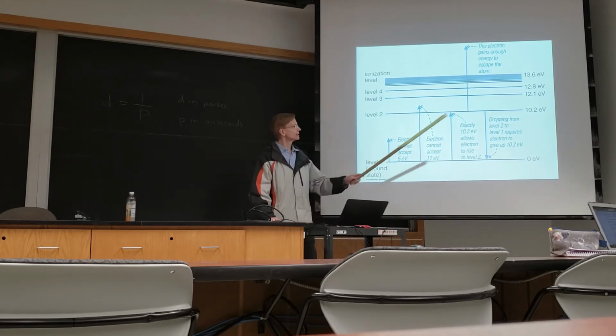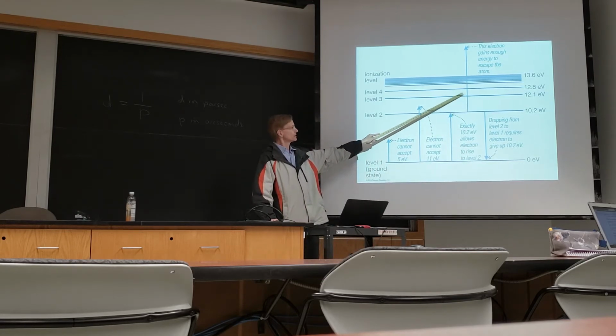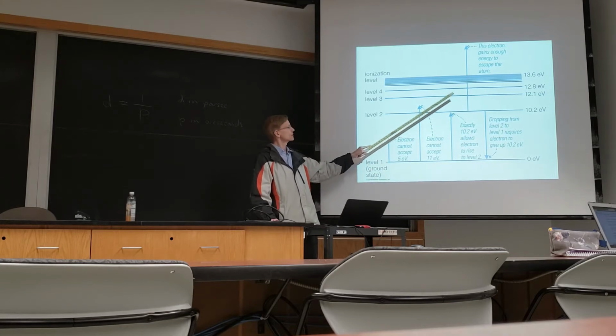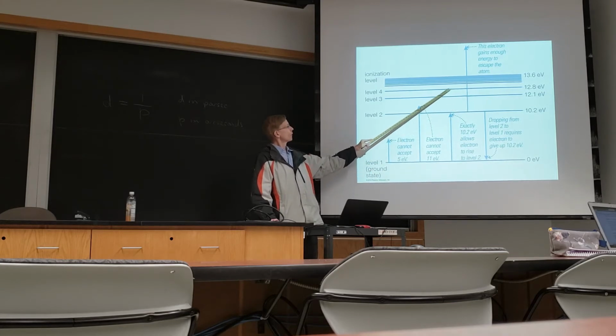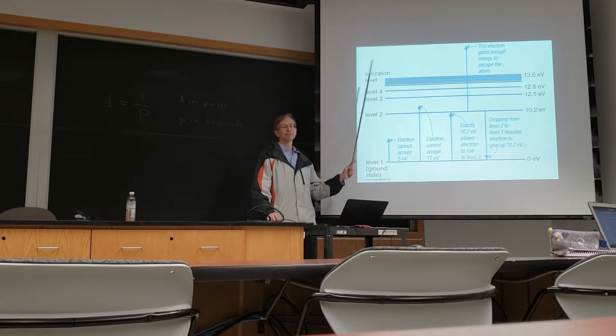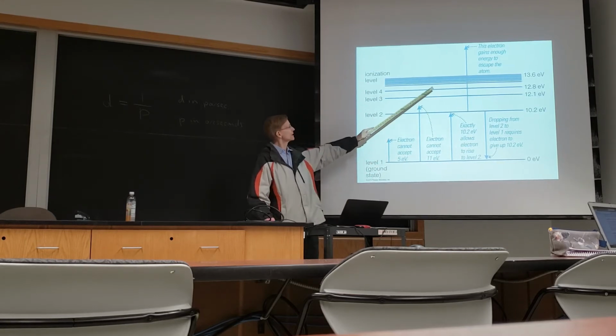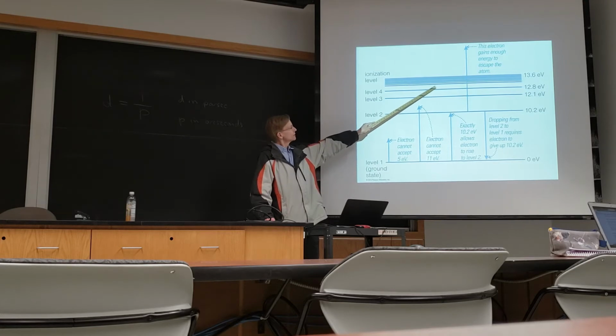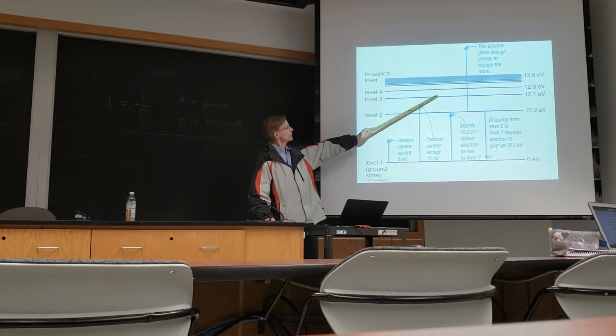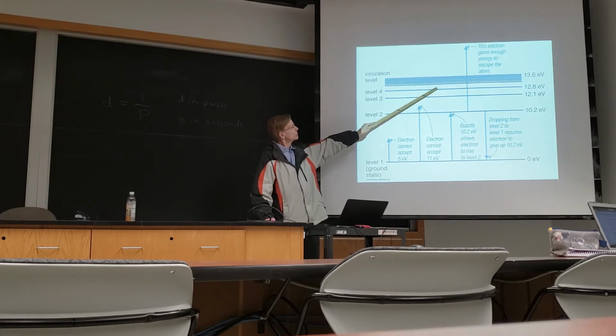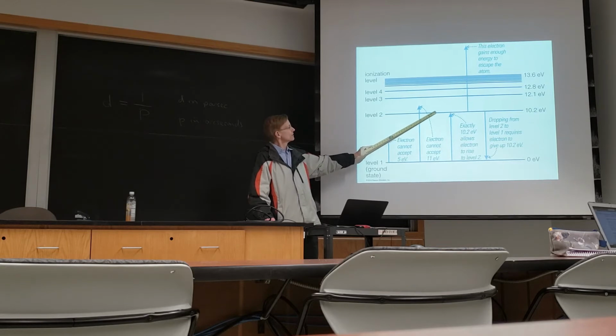And for emission, it will spontaneously drop to some lower energy level. So if the electron started in level 4, it could give up 0.7 electron volts of energy to create a photon with that energy and drop down to level 3. Or it could give up 2.6 electron volts of energy and drop down from level 4 all the way down to level 2.